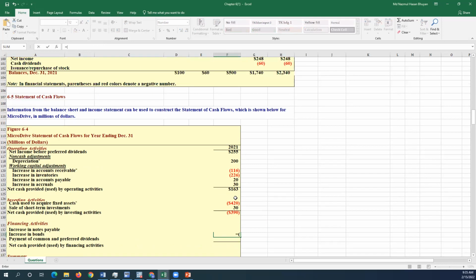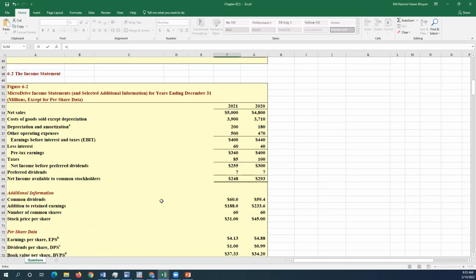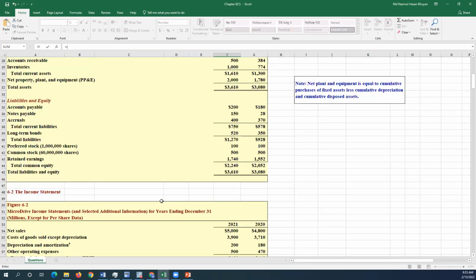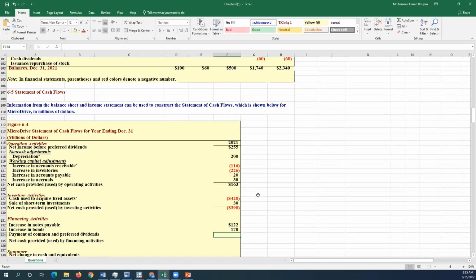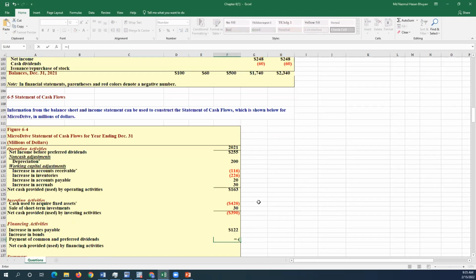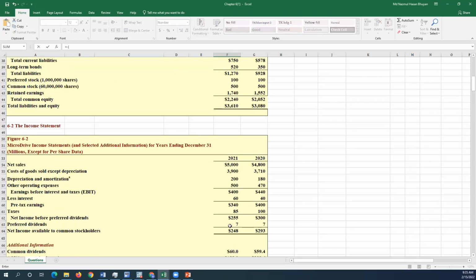Then during the same time period, our total bond value also increased. That means we had some inflows. And then we paid some dividends during the time period, so it is our cash outflow.